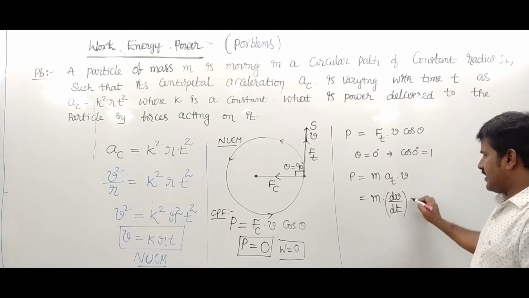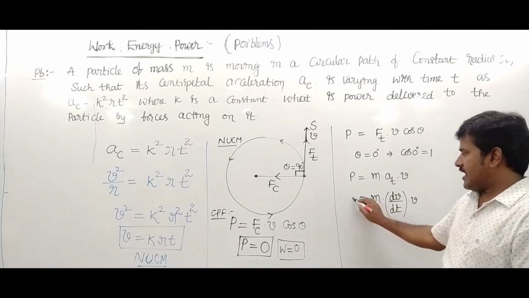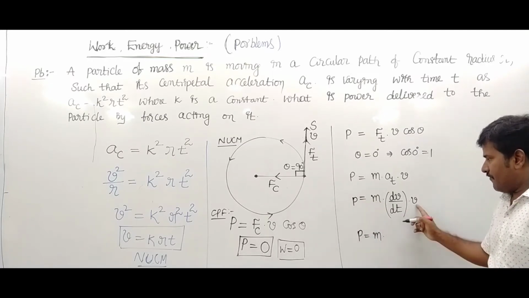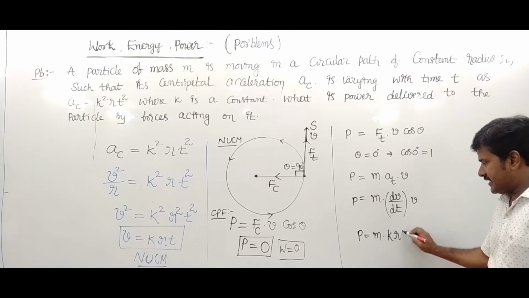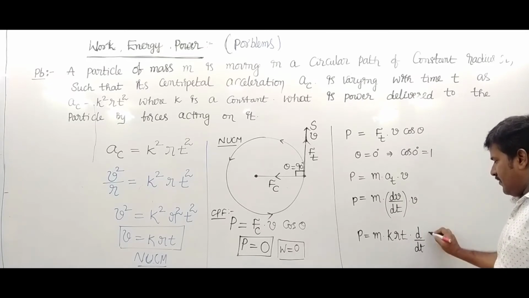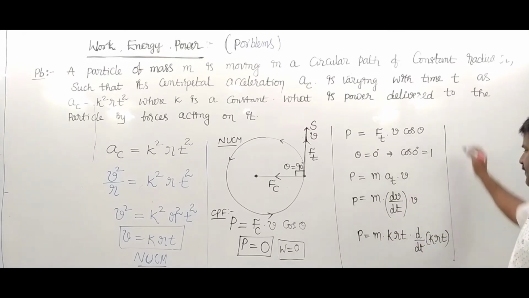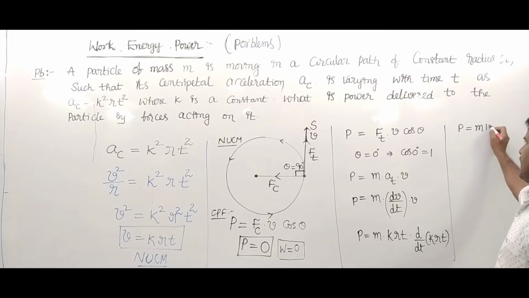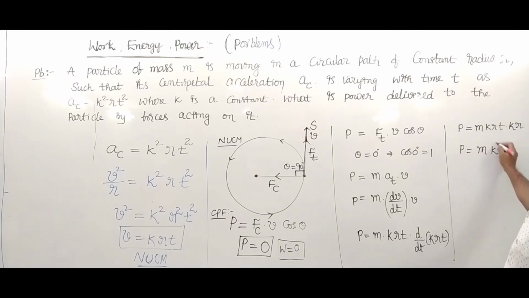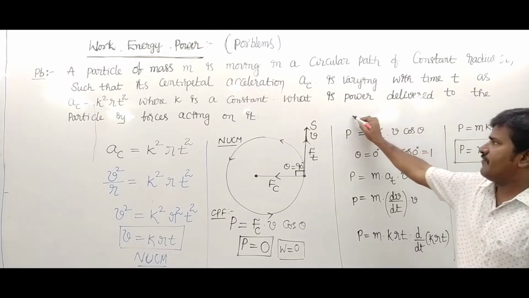With v equal to k r t, differentiation of k r t is k r. So power equals m k square r square t. This is power due to tangential force.